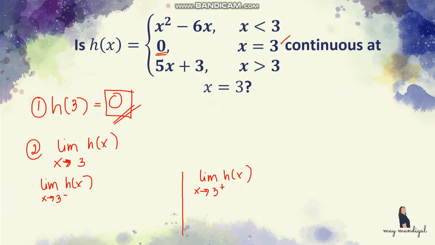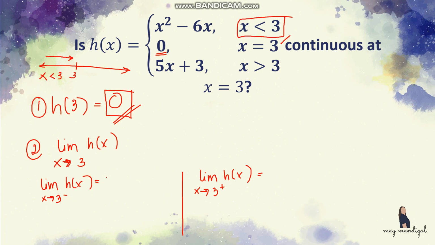Now, we have to choose which sub-function to use for each side. First, x approaches 3 from the left. Let's say this is 3 and these are the values of x from the left, which means those values are less than 3. So we have to choose which among the 3 sub-functions to use, and since we are considering values less than 3, we will be using the first sub-function.